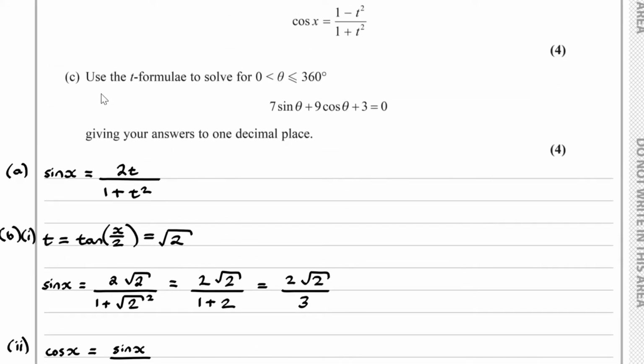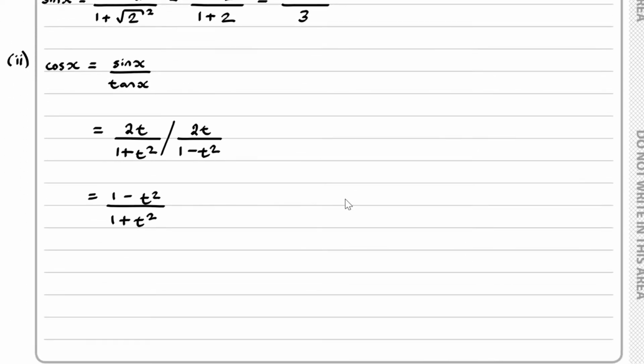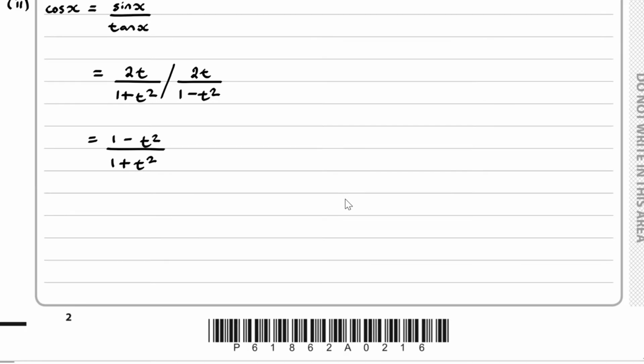Okay? Now for part C, we have to use the t formula to solve, for theta between 0 and 360 degrees, 7 sine theta plus 9 cos theta plus 3 equals 0, giving answers to 1 decimal place. So for part C, we have 7 sine theta plus 9 cos theta plus 3 equals 0.